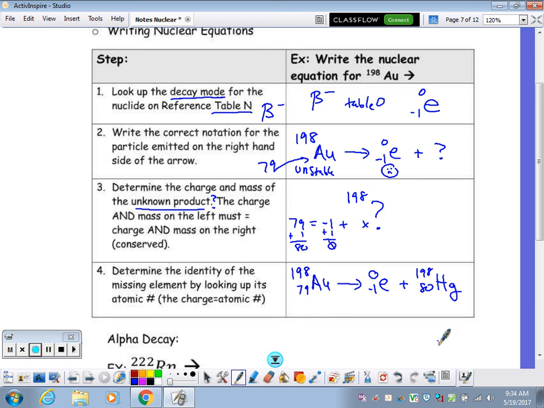If I pay attention, total mass on the left is 198, 0 plus 198 on the right is 198. My total number of protons I'm showing here is 79, and -1 plus 80 would also equate to 79. So here is the nuclear decay of gold.